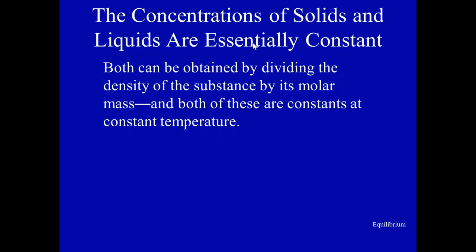So here's a short explanation about why we can leave off solids and liquids. It's essentially saying that they don't change as long as they're at the same temperature. And usually in an equilibrium problem, you're going to be given a temperature, but you don't necessarily need the temperature to solve the problem. They're just telling you what it's at.